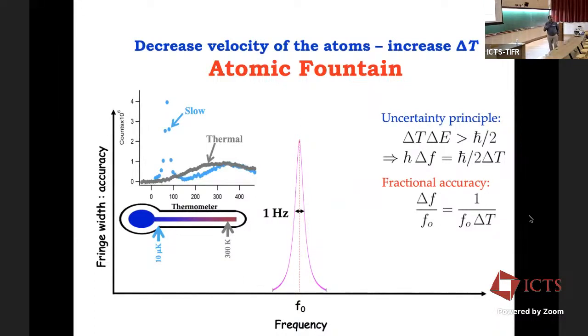You perturb this Maxwell-Boltzmann distribution and shift some of the hot atoms at higher velocity to lower velocity. Then you use these low velocity atoms in the atomic clock, and you have this delta t enormously manyfold larger compared to an atom which is, let's say, in the 600 meters per second velocity class. And that's how you improve.